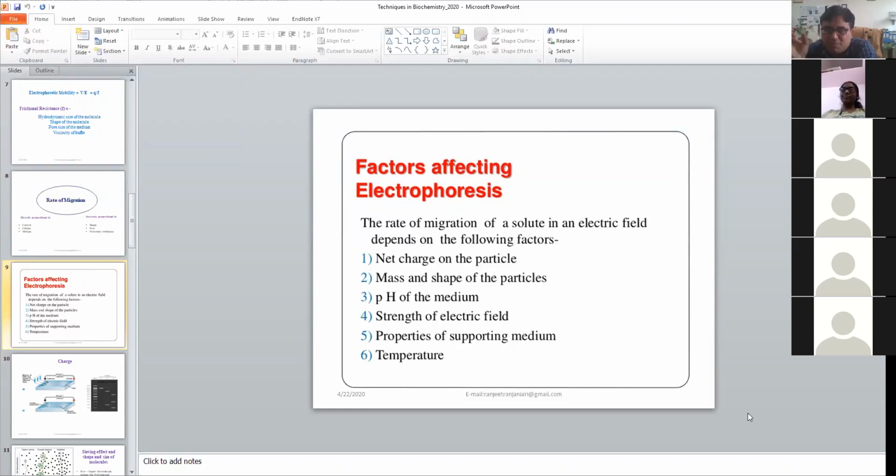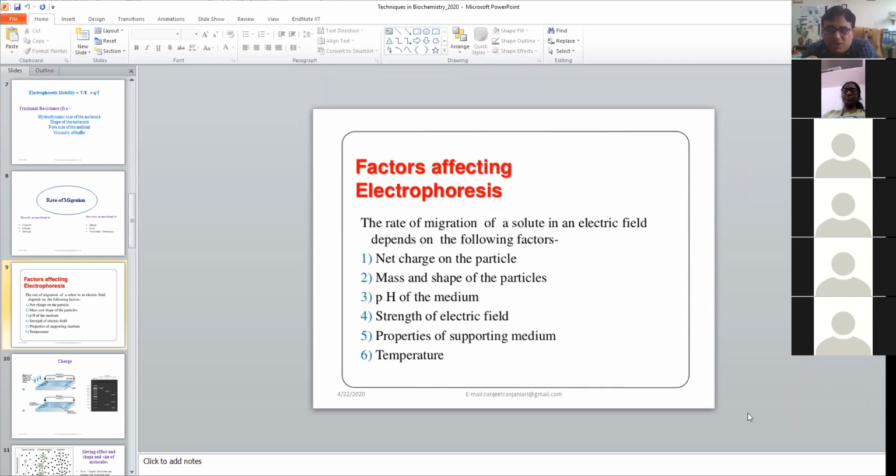Regarding the shape, most of the time it has been seen that if a molecule has an extended shape, the movement will be slow. If it has a compact shape, the movement will be fast, as per the electrophoretic mobility rule. Then the pH of the medium. All the buffers which we use for DNA or RNA are slightly alkaline, so pH will be around 8, 8.2 or 8.3.